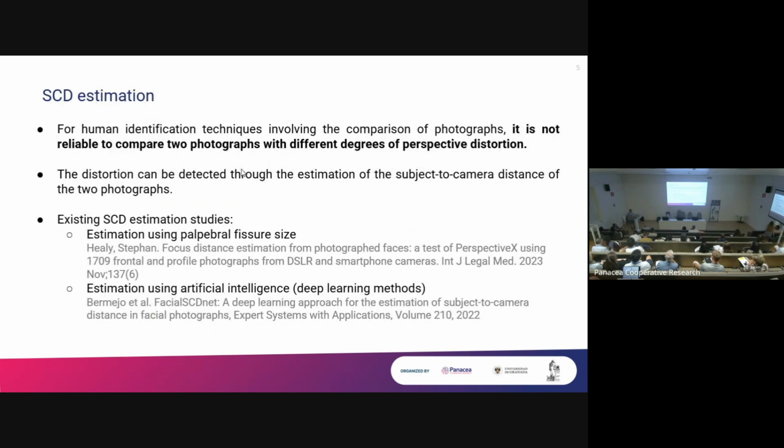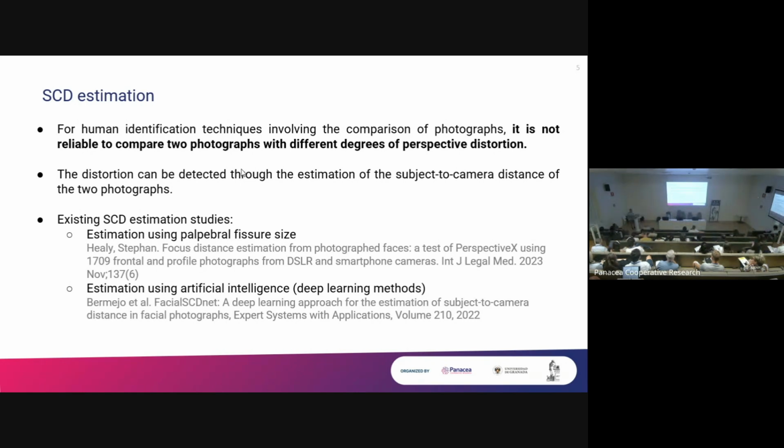And of course, we want to know if two pictures are affected by different amounts of perspective distortion, because if we are carrying out any kind of comparison, we need to make sure that we are not seeing some facial traits that look very different, despite being the same in 3D in the real world. So we need to know the amount of perspective distortion, and to know that we need to estimate the distance between the subject and the camera.